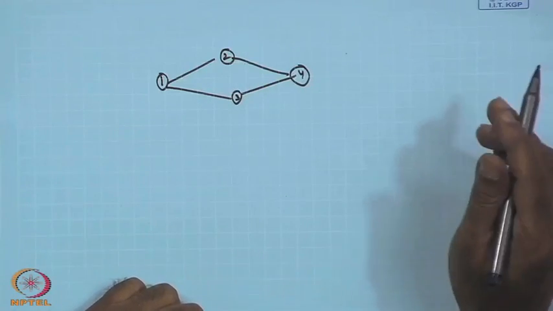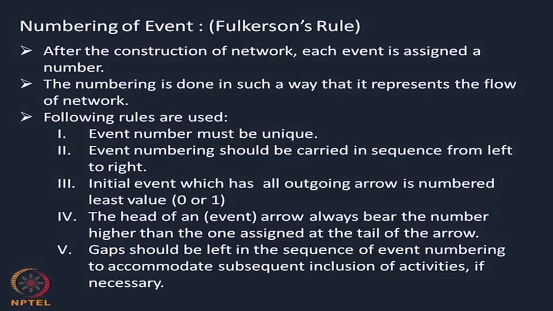The next rule: the initial event, which has all outgoing arrows, is numbered with the least value, 0 or 1. Usually we will start with 1. The initial event from where we go to the other events has to be 1 or 0.